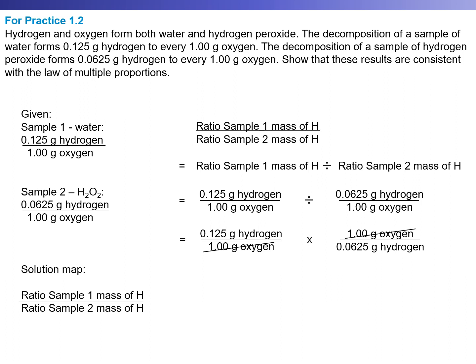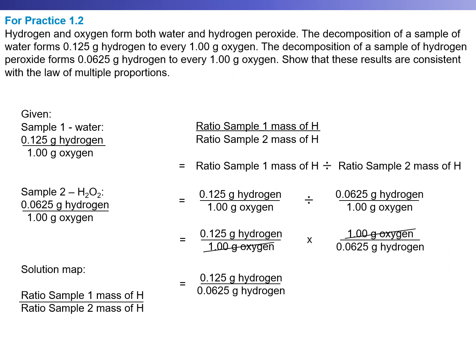We can now rewrite this thing as a fraction, because when you multiply 0.125 grams of hydrogen over 1 by 1 over 0.0625 grams of hydrogen, then we can write it as a fraction. It ends up looking like this. Now, we still have a repeating term here.